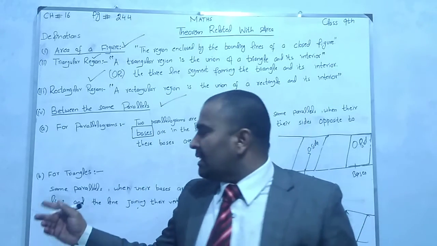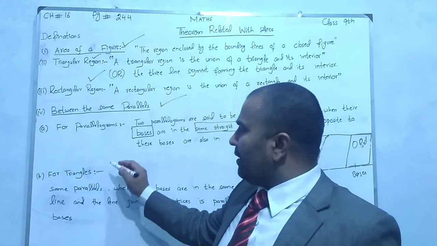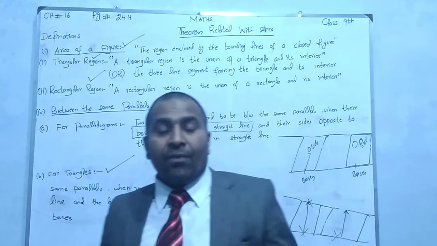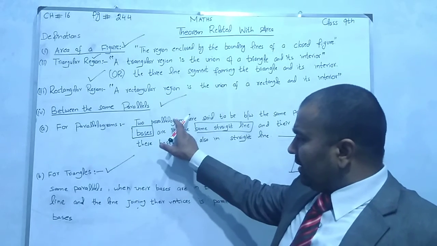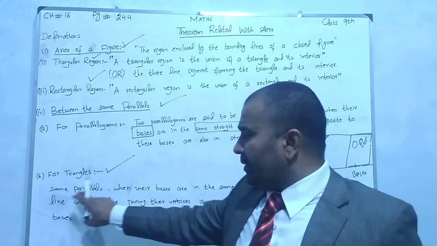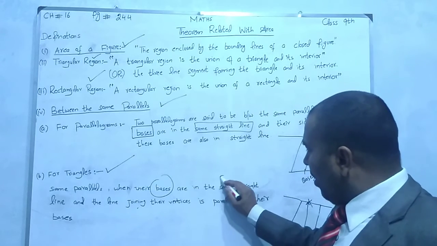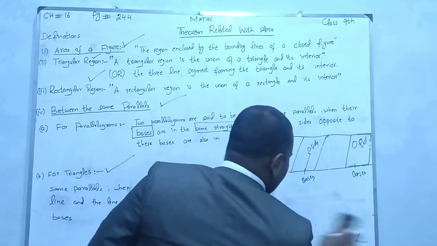Okay. Now come to the second part of this definition. Between the same parallels for the triangles. Now we are going to discuss triangles. Like the previous one, triangles are said to be between the same parallels when their bases are in the same straight line. So what does it mean?